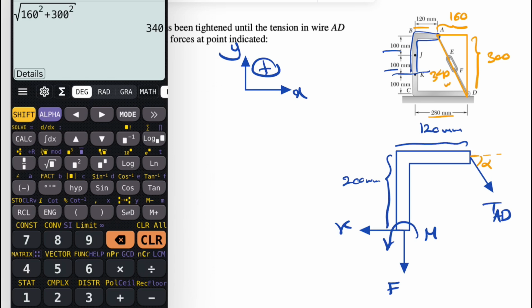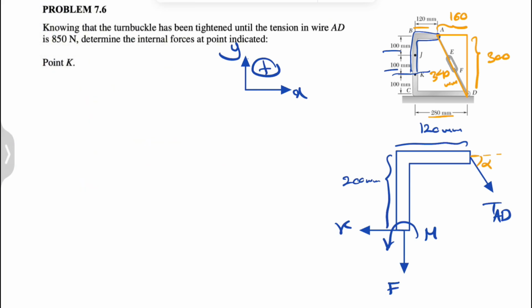That's going to give us 340 millimeters. So now we have all the information. This is the angle alpha that we were talking about.